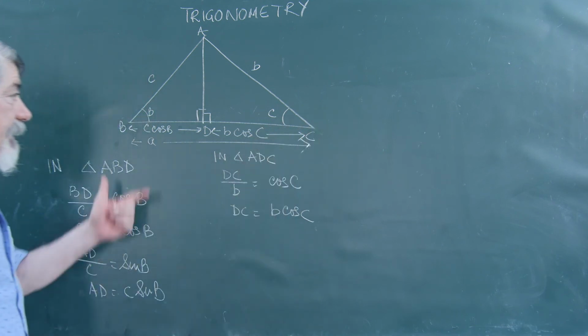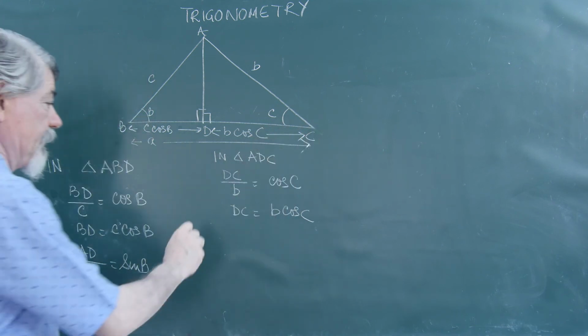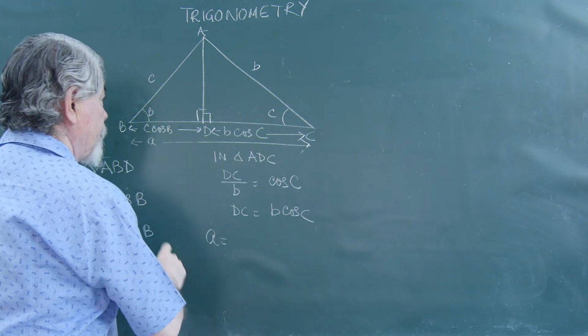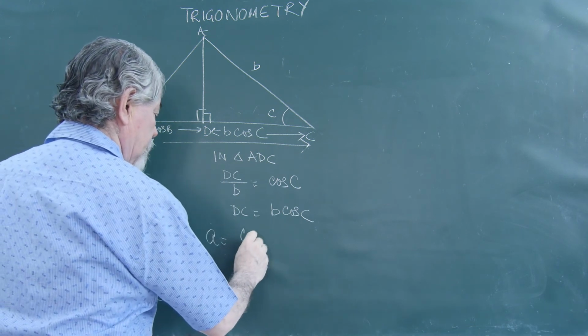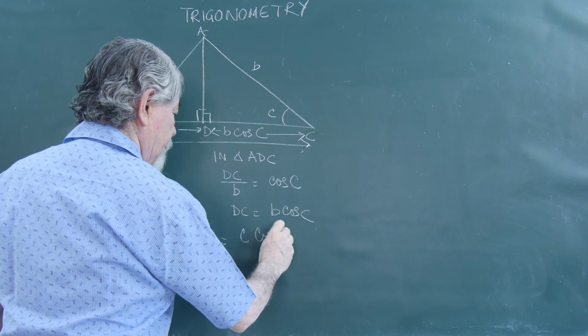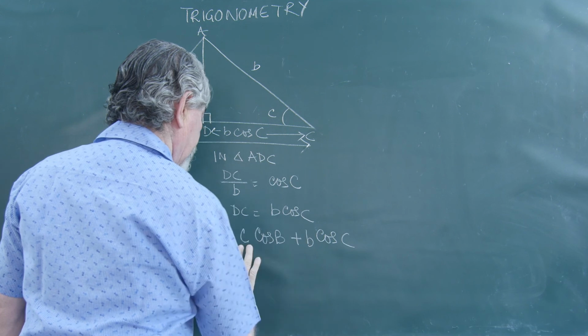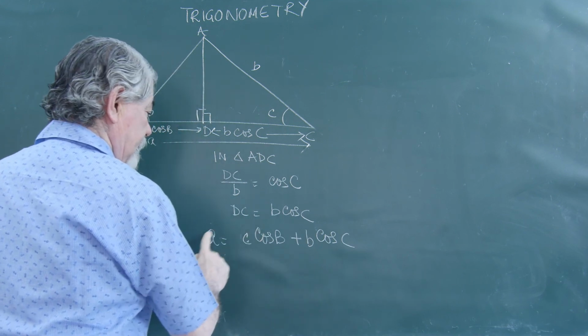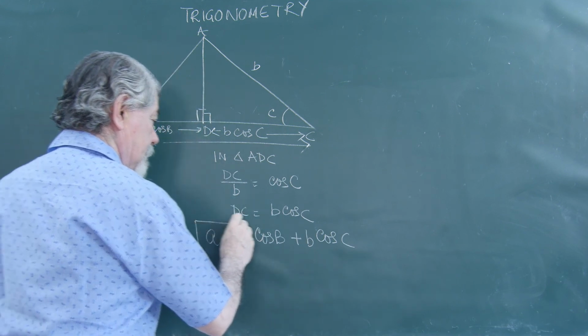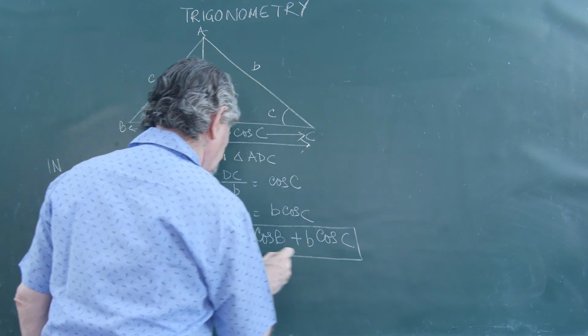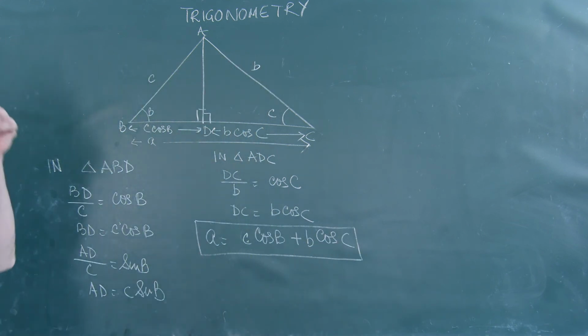Now this length a would become c cos B plus b cos C. The c is small, remember. These a, b, c are the sides. So I've got a in terms of c and b.